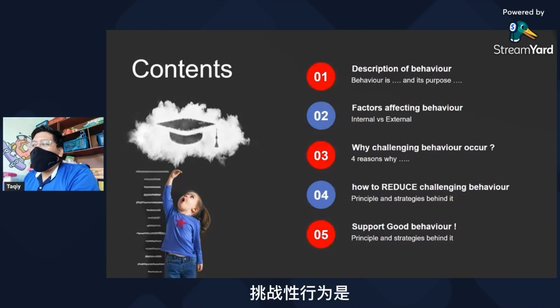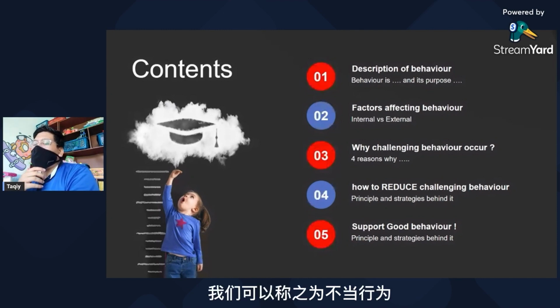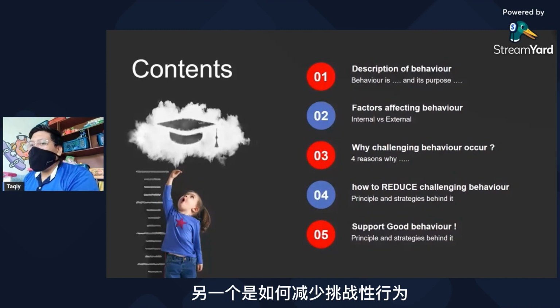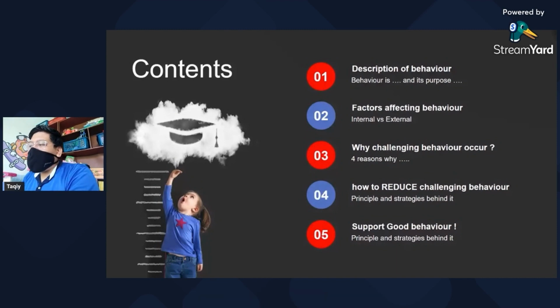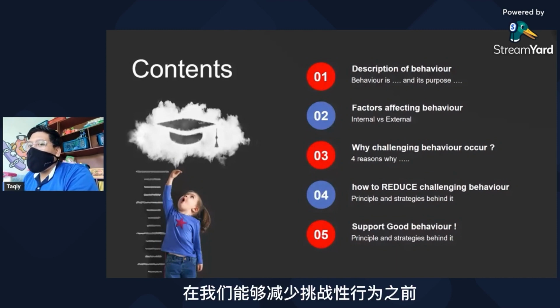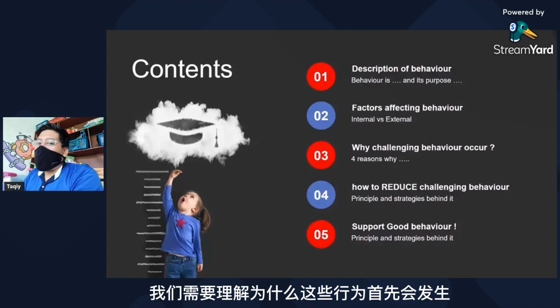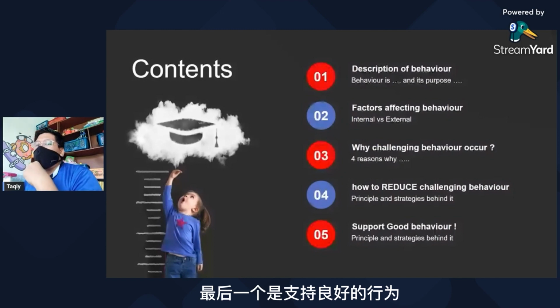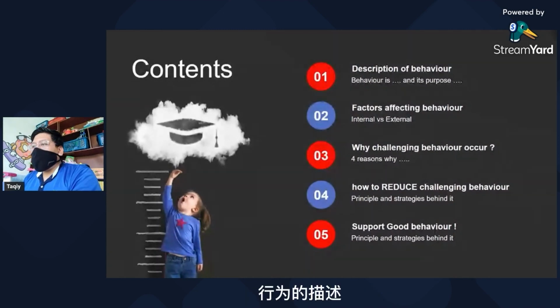Challenging behavior is different from just normal behavior, as you can see. We can say it is inappropriate behavior. Another one is how to reduce the challenging behavior. But before we can reduce, we need to understand why it happened in the first place. And lastly, is support good behavior.